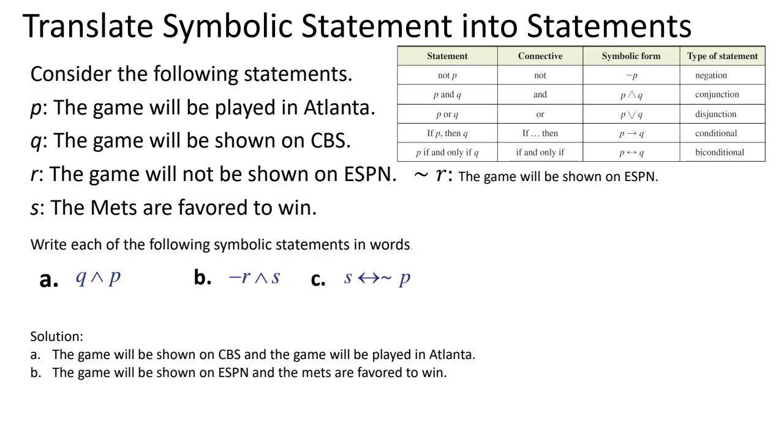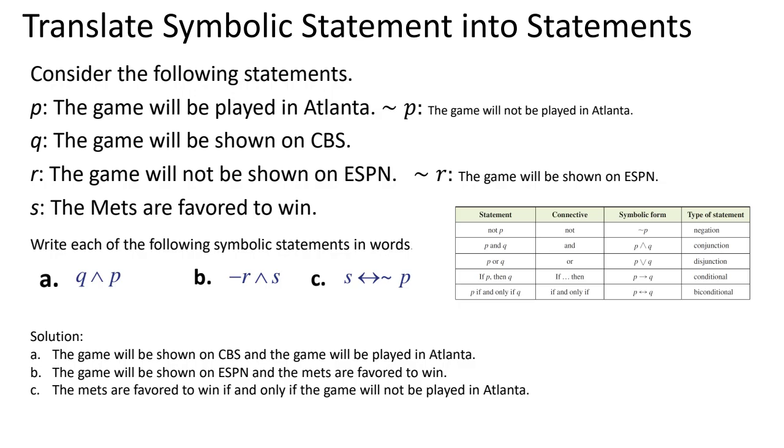So that double arrow means "if and only if" in the middle of S and negation P. In words, this would be: the Mets are favored to win if and only if, like you translate the arrow by using the words "if and only if," and then the negation P, which is the game will not be played in Atlanta.